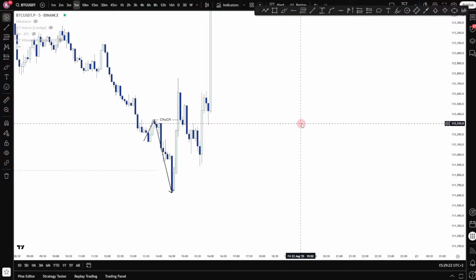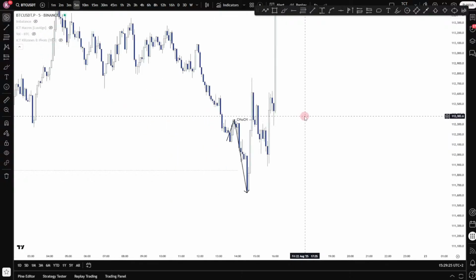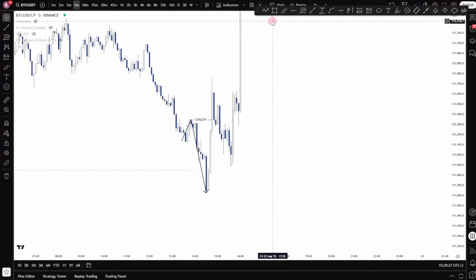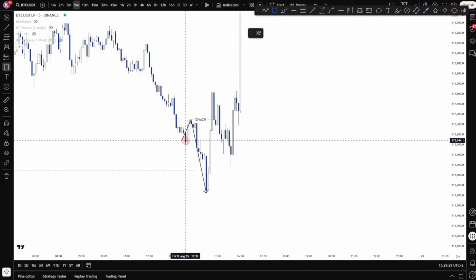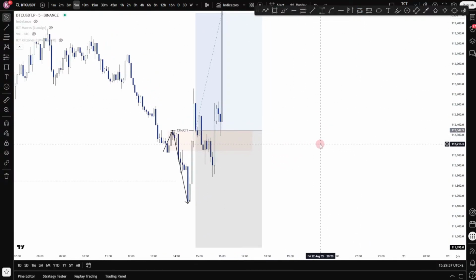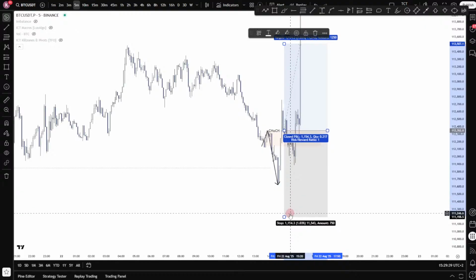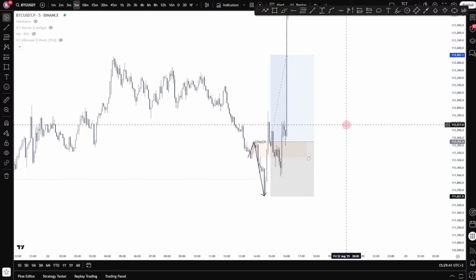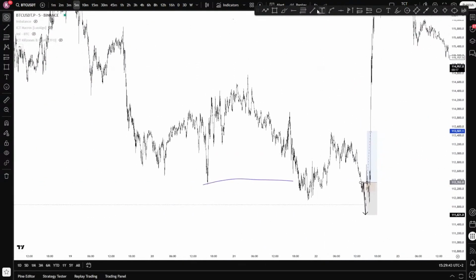There are two ways to play this, to be honest. Actually, more ways. This was your breaker, you gained it, you could have preset it. This was your most aggressive way of playing this, and then put the stop loss below the low. Let me check what kind of RR, because your draw then would be right here.